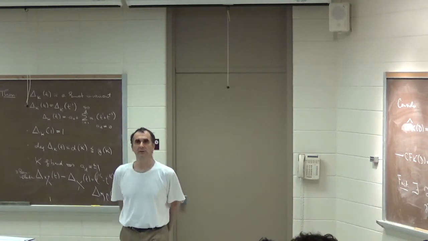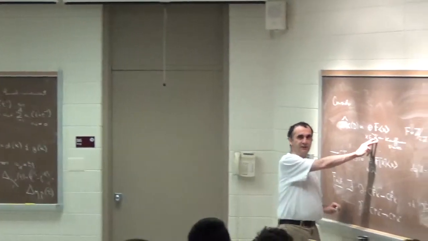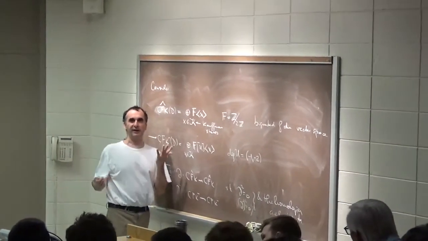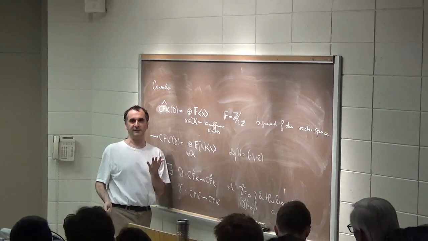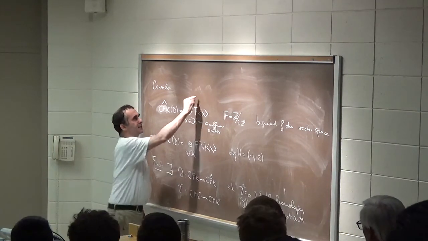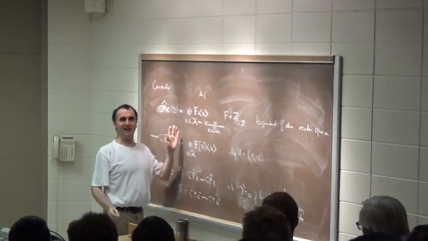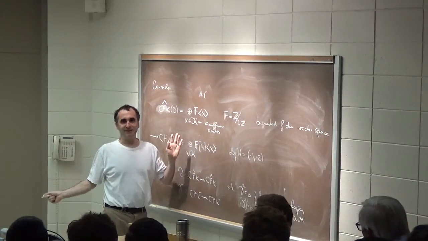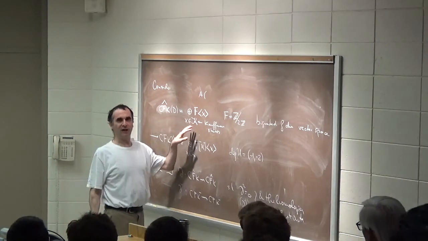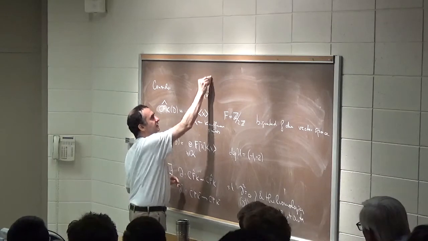Can you say again where the gradings come from in these? So this is a vector space generated by the Kaufman states. But the Kaufman states come with two numbers attached to them. I just confused you because I called the Kaufman states kappa. But now, because I don't know how to write two different K's, this is a Kaufman state.